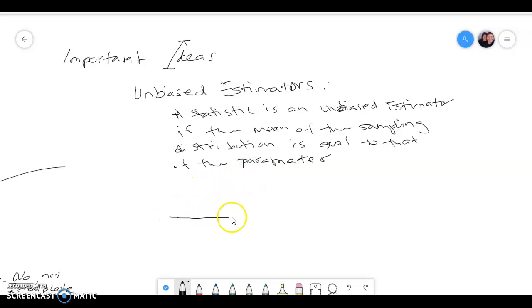So what that would look like is, okay, here's our dot plot. And here's our population mean. I picked the wrong pen. So this would be an unbiased estimator.